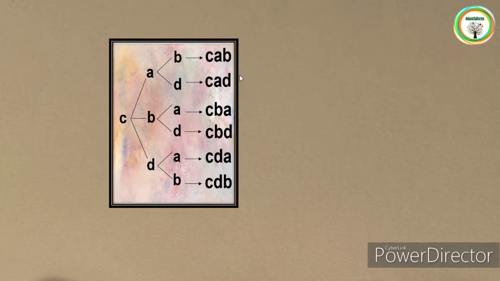Okay, so we have also 6 arrangements if the first letter is C.